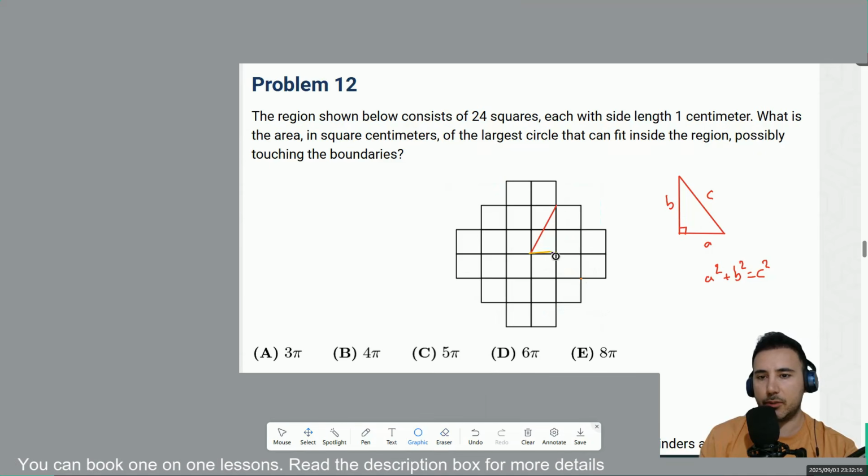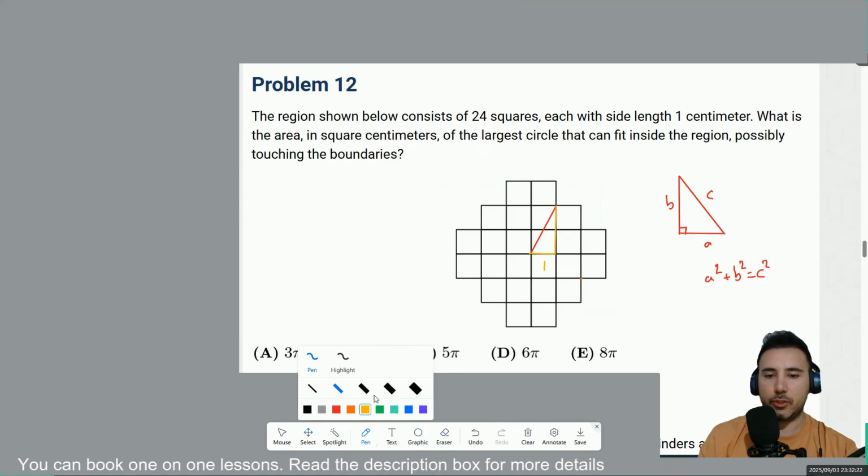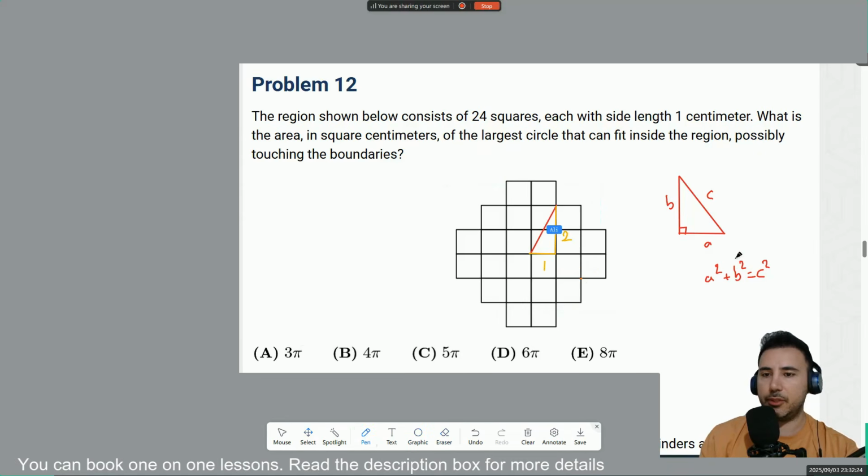So what is the size of this length? We know this is 1, and this is 1 and 2. So let's use the theorem. Let's call this one C. So C squared is equal to 1 squared plus 2 squared. 1 squared is 1, 2 squared is 4, so C squared is 5.